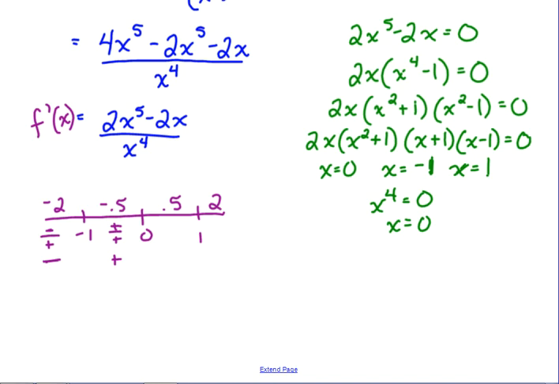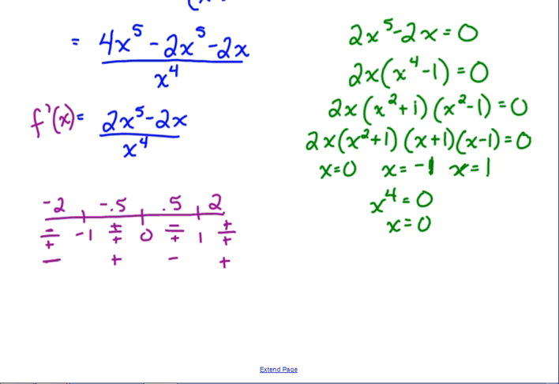When we plug in positive 1/2, we're going to end up with a pretty small positive number, 2x to the fifth. That's going to be a pretty small positive number. Minus 1, I think that's going to give us a negative number over a positive, so that's going to give us negative. And when we plug in positive 2, we're going to get a really big positive number in the numerator over positive, so that's going to be a positive.